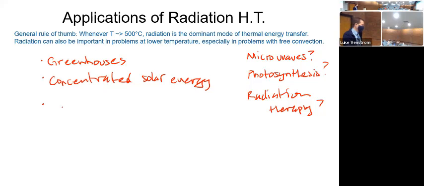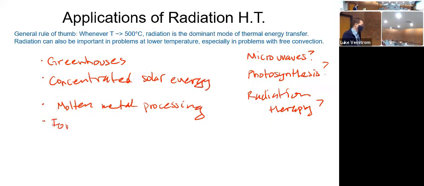We had any sort of manufacturing process that involves molten metal: molten metal processing, forging. Those are some good things on the list. You're in the ballpark, and you're thinking radiation for sure.